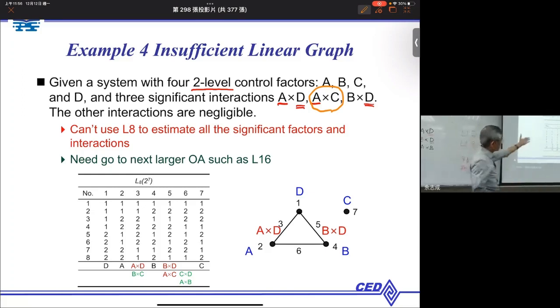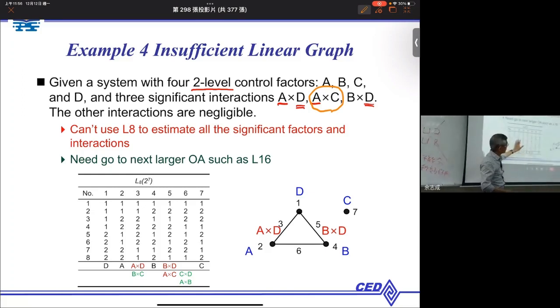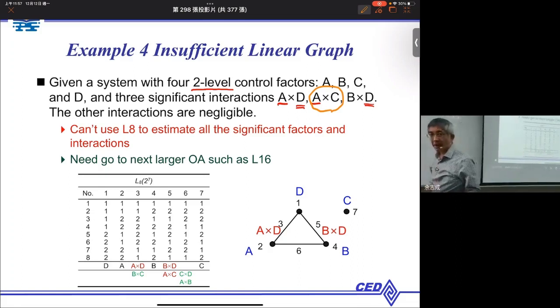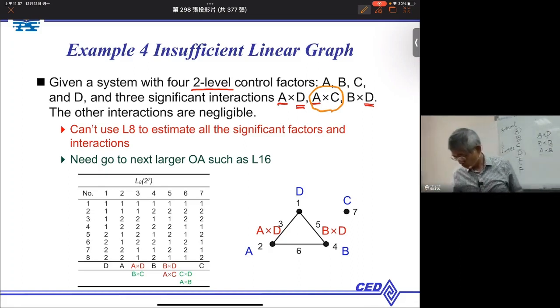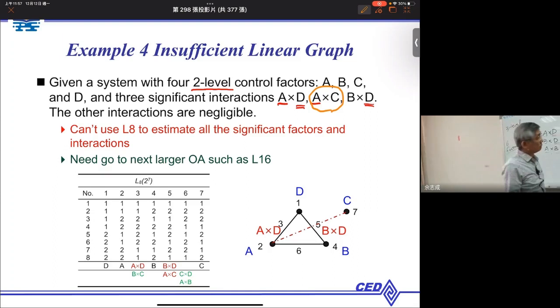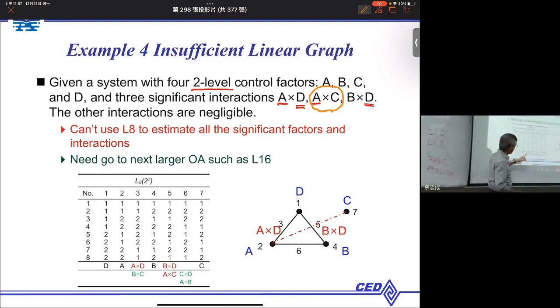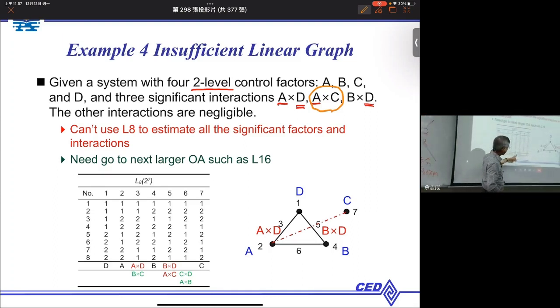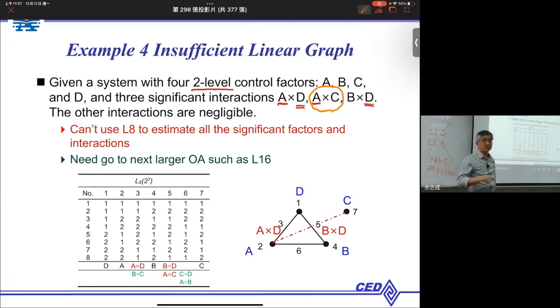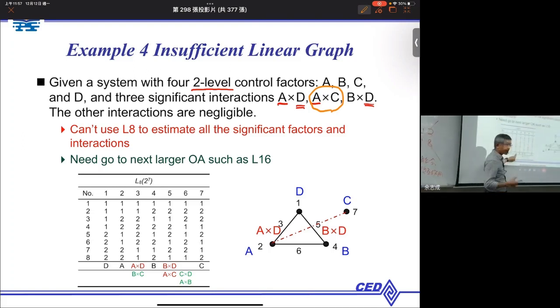Why? Let's double check. Let's analyze the confounding structure. This is the confounding structure for this problem, and I assume you all know how to get a confounding structure. From here, fortunately, AD okay, BD okay, but how about AC? Here, AC and BD are confounded with each other in this kind of arrangement. But AD is okay.